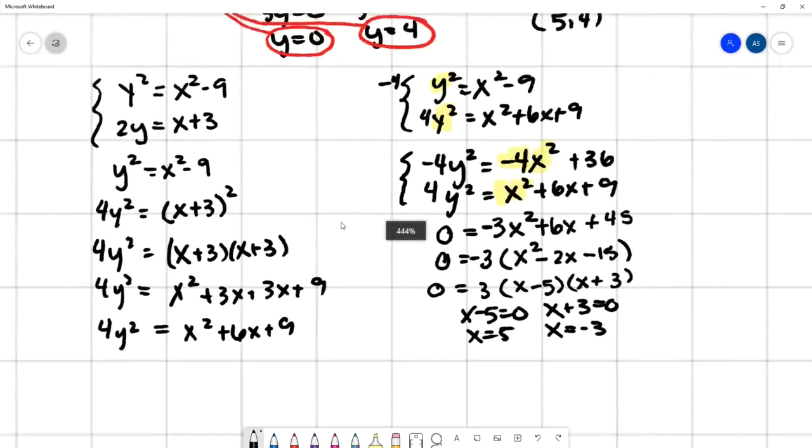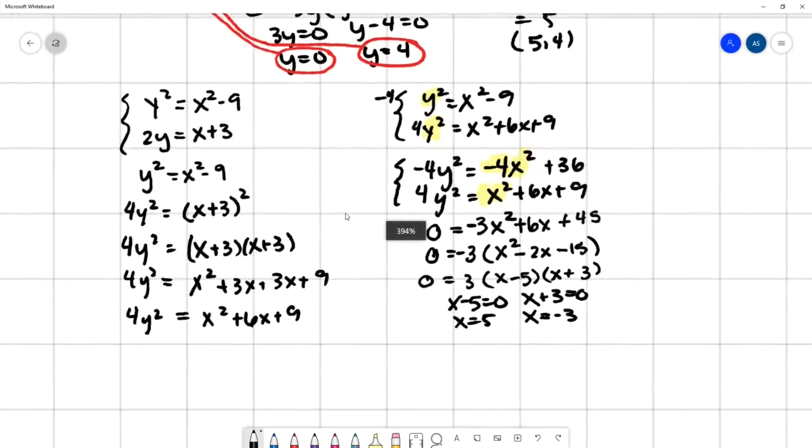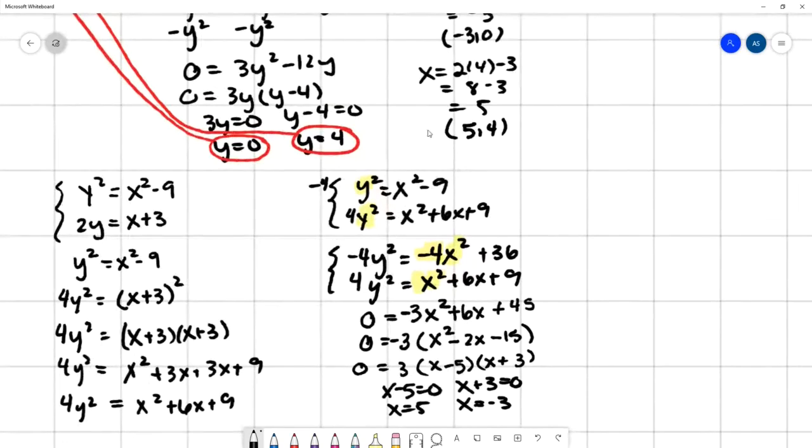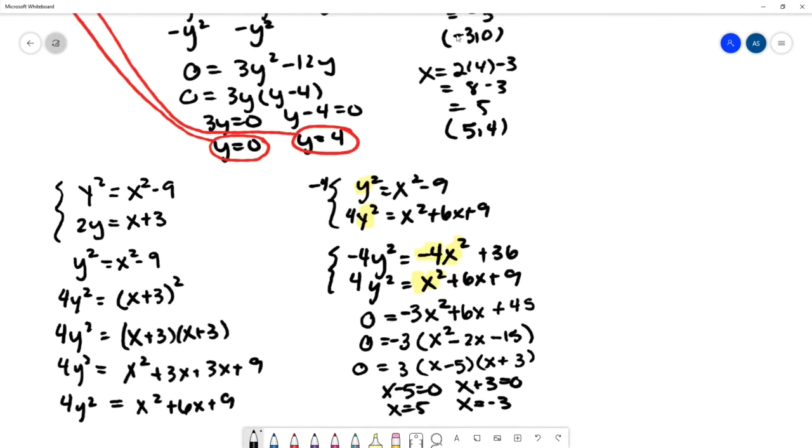Let's just take a quick look, and you'll see that previously we got the x coordinate to be negative 3 and 5, so it's looking good. Now let's find the y coordinate by plugging in to here. So this gives y squared equals x squared minus 9.